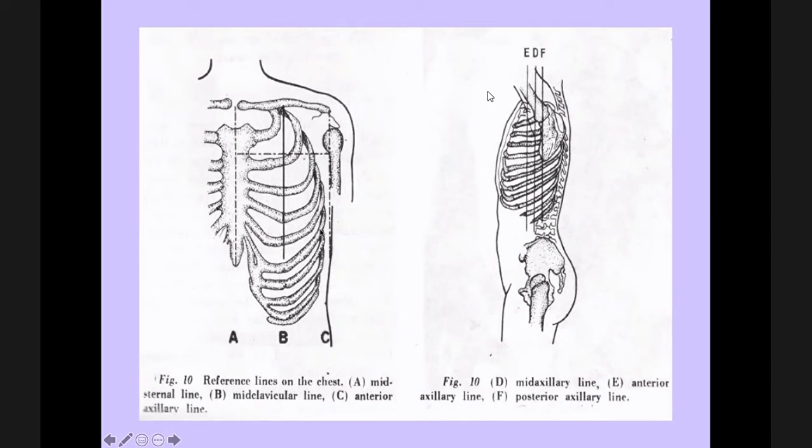And then this one is your anterior axillary line. So ito yon, if you look at the lateral view. So E is your anterior axillary line, your F is your posterior axillary line, and midway is your mid-axillary line, huh?